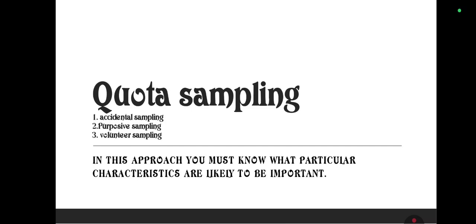Like in colleges, people doing research work voluntarily ask people if they agree to participate in our research, they participate and you collect the data. Purposive means you have a purpose, a particular selection. And accidental, which I explained, is an easy method. In this approach, you must know what particular characteristics are likely to be important.